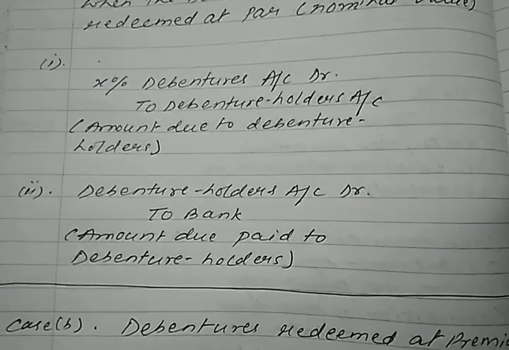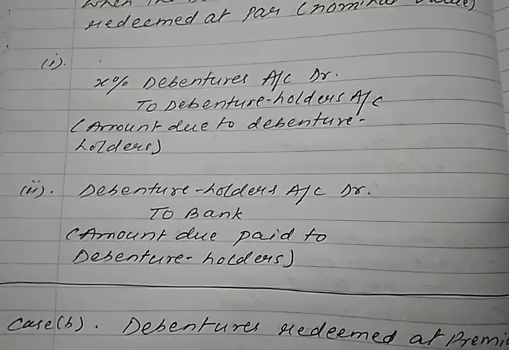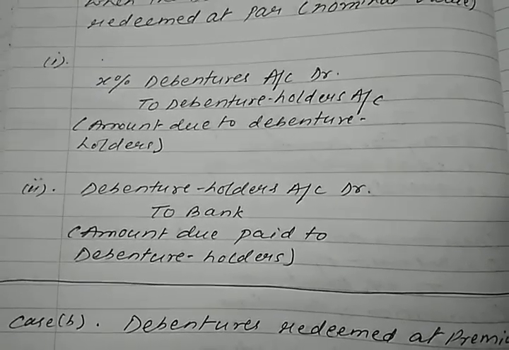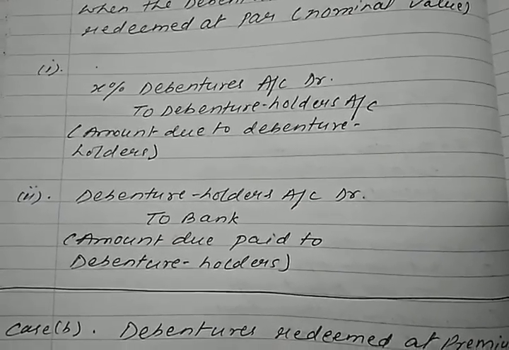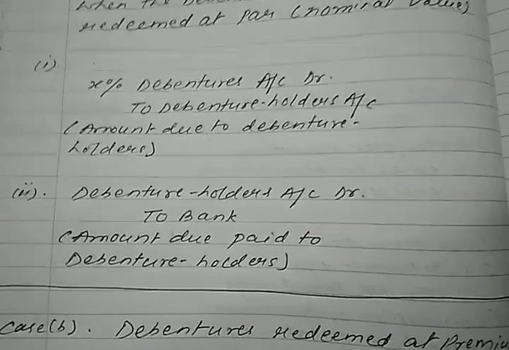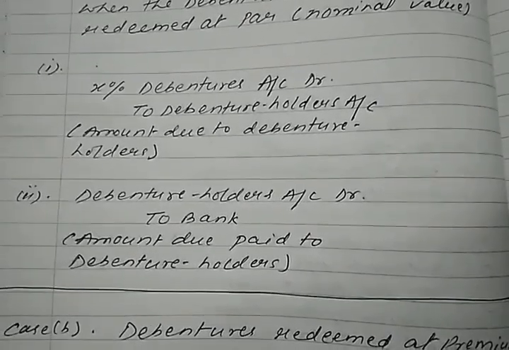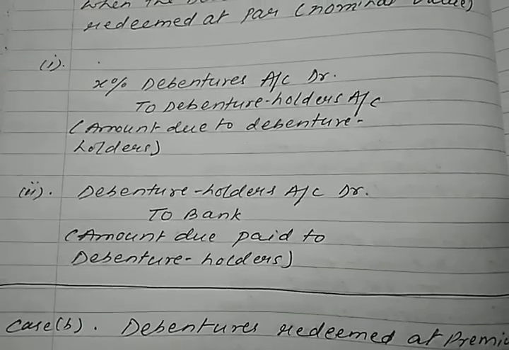And whenever liability decreases, in accordance with the rules of debit and credit, it is shown on the debit side. So we need to show debenture holders on the debit side.